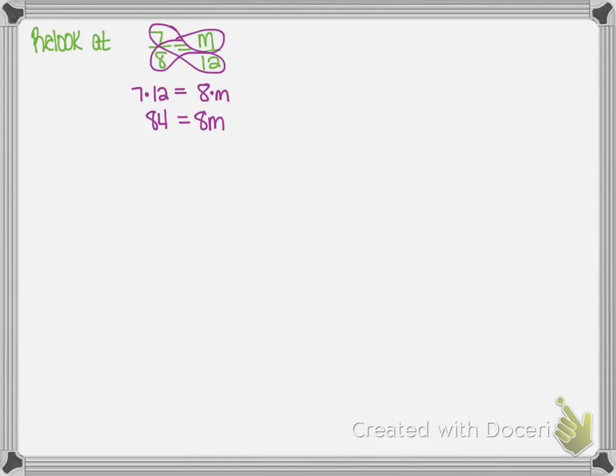So by simplifying, multiplying both sides, we have 84 equals 8m. Now we can divide both sides by 8. When we do so, kind of skipping ahead with the simplifying, we're still going to get that 21 halves is going to equal m.